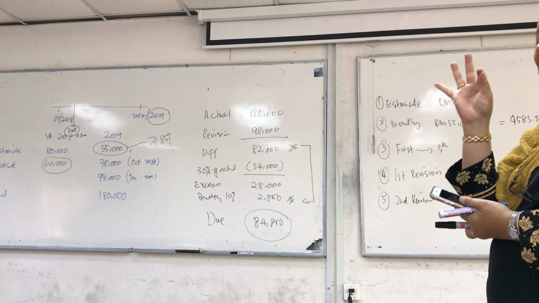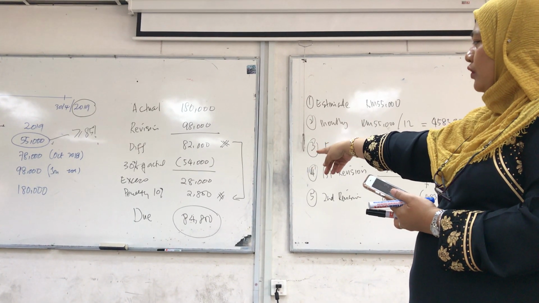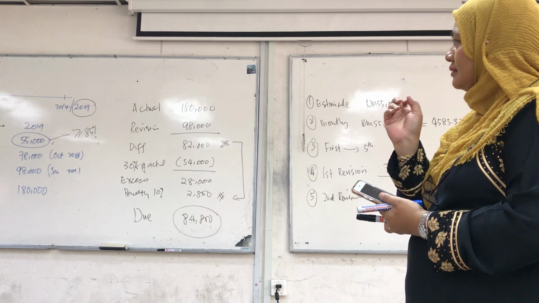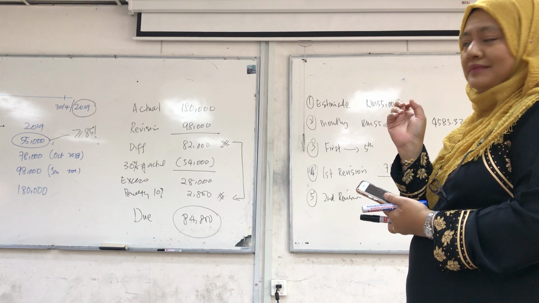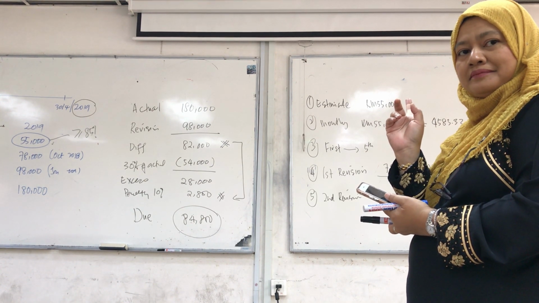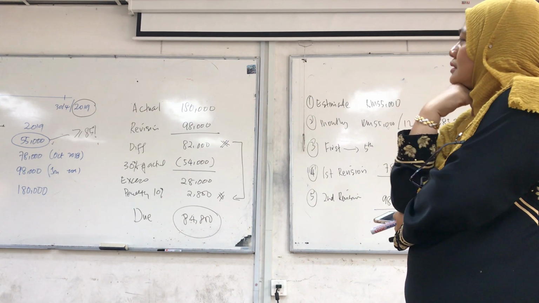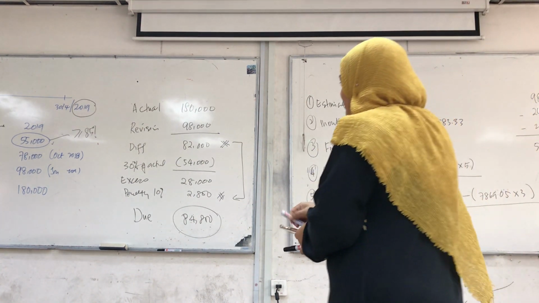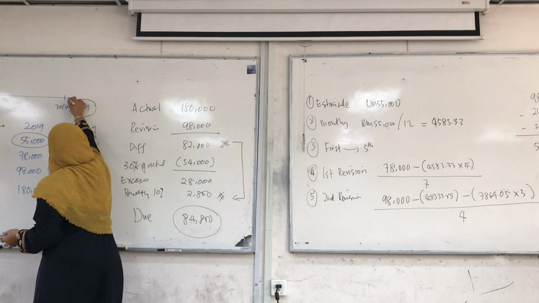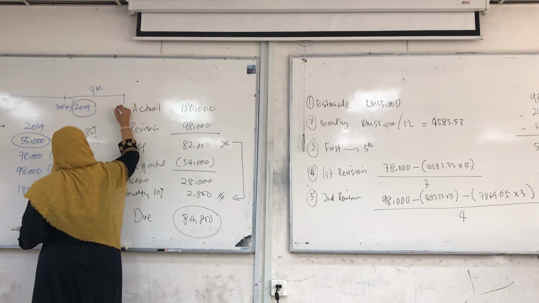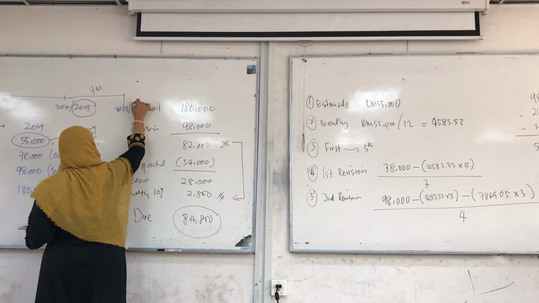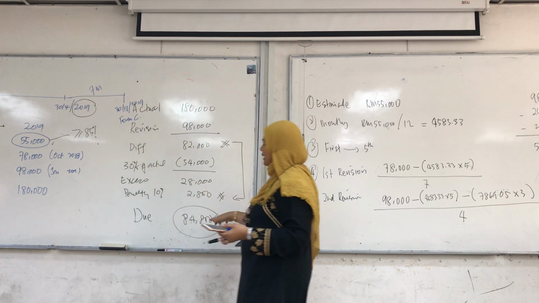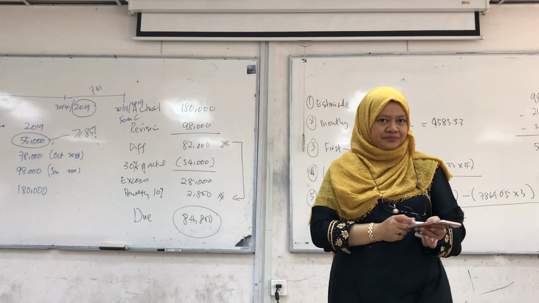So this amount, 84,800, is due on 30th November 2019. So you have to pay 84,800 amount due.